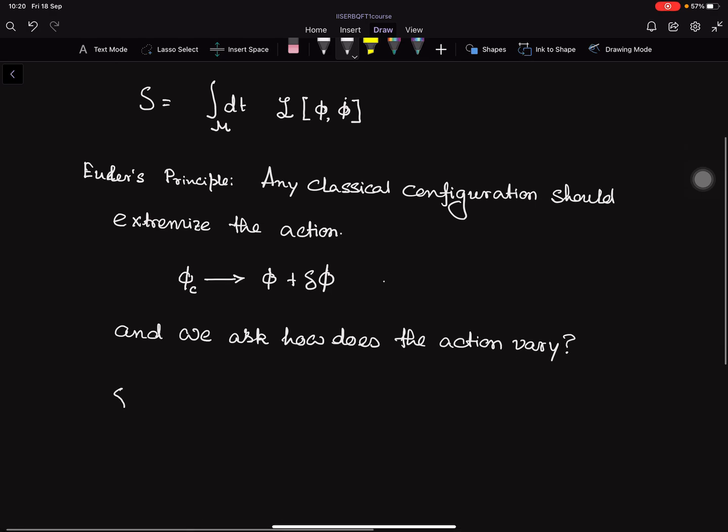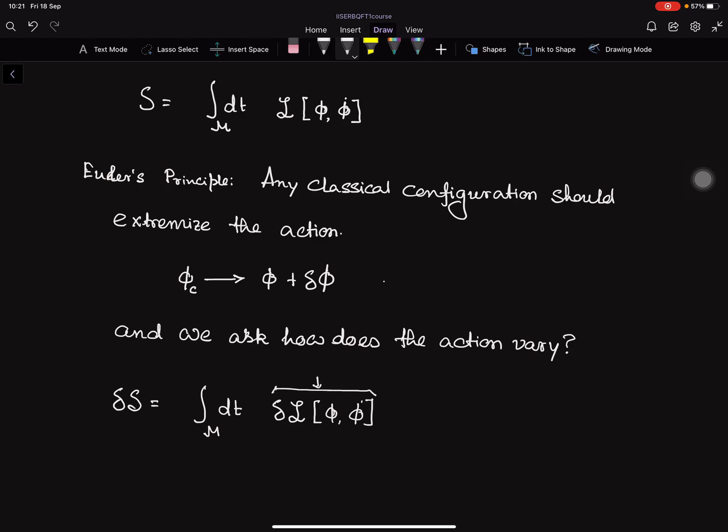Let's say delta S will be the integral of delta L, where delta L is the change of the Lagrangian due to variation.